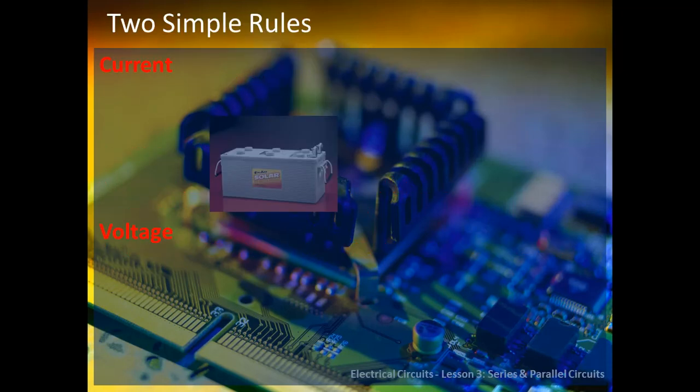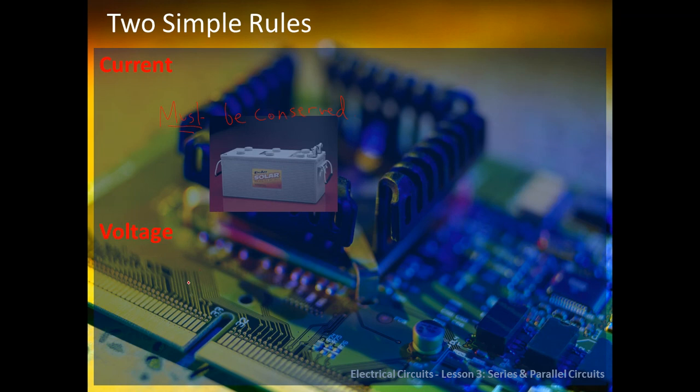So to start with, our two rules, fairly straightforward. The first thing you need to know is that current must be conserved. Whenever you're looking at a circuit, whatever the current is at the beginning must be maintained. If you start with 6 amps, by the end of the circuit there should still be 6 amps in that circuit.